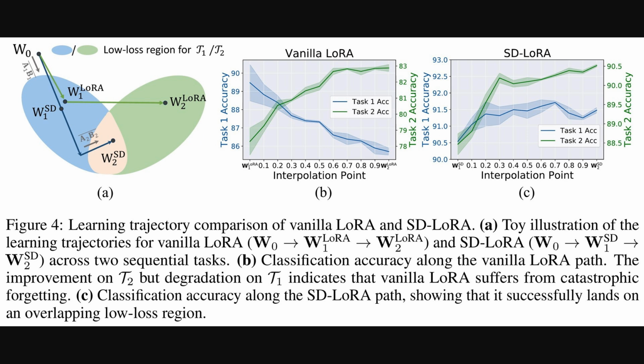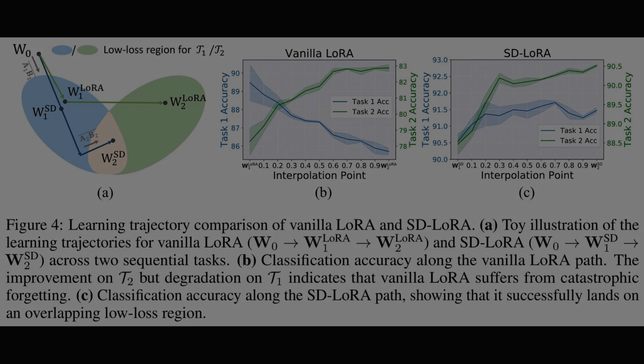Parts B and C then plot classification accuracy. For standard low-rank adaptation, accuracy on the first task drops significantly when learning the second, a classic case of catastrophic forgetting. But with Scalable Decoupled Low-Rank Adaptation, accuracy for both tasks remains high, showing it finds that shared sweet spot.